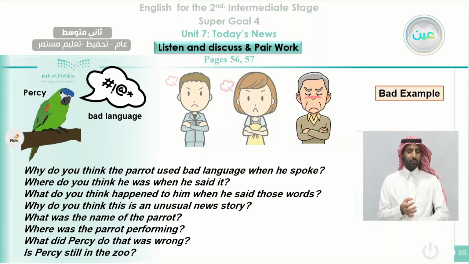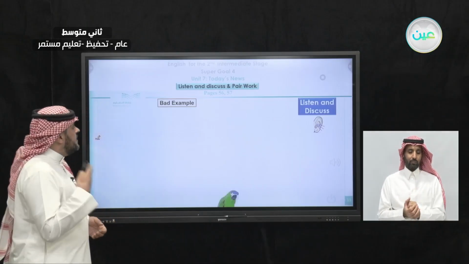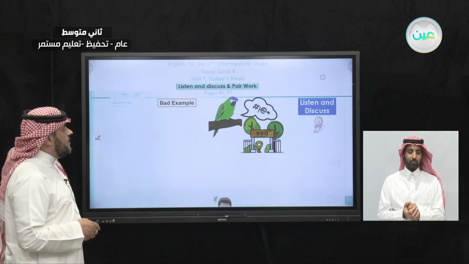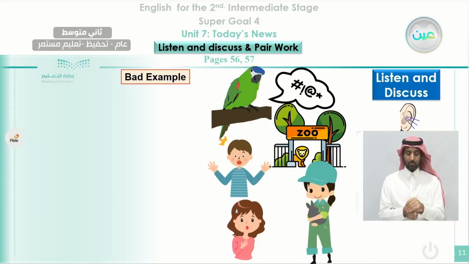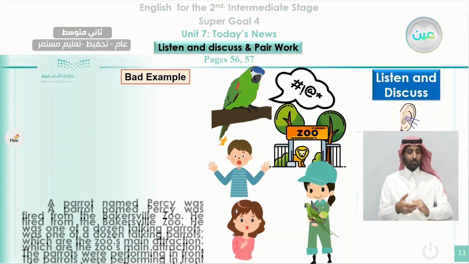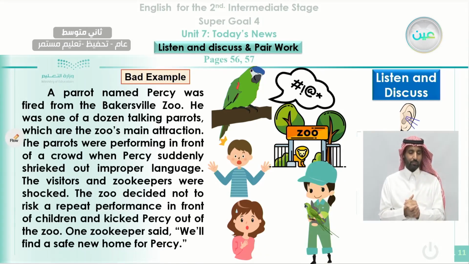Also, is Percy still in the zoo? Is he still there making the show, or was he fired? That is what you're going to find out in the next slide. Now here are some pictures, some visuals that will help you understand the text. Let's read and listen, and you will find the answers to the previous questions. Let's listen.